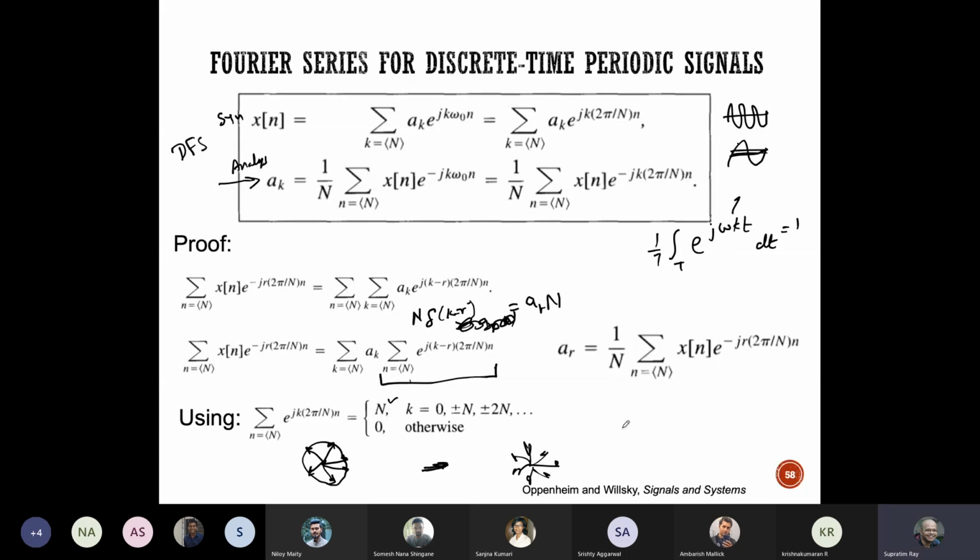Otherwise, you have to look at this e to the power j k 2 pi by n as some vector.